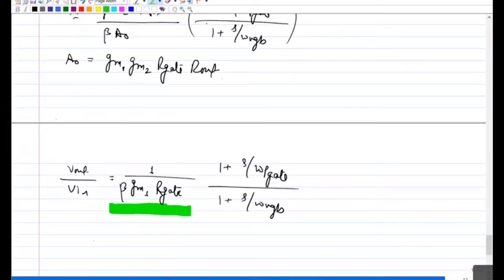But here, what is the GM1 R gate? Which gain is that? The op-amp gain, first stage. Yeah, first stage gain, which means second stage gain basically plays no role in your PSRR. So all the supply rejection you are getting only from the first stage, or op amp, which means if you want to improve the PSRR, especially at lower frequency, you have to keep the first stage gain much higher. Otherwise, you'll not get very good PSRR at DC.